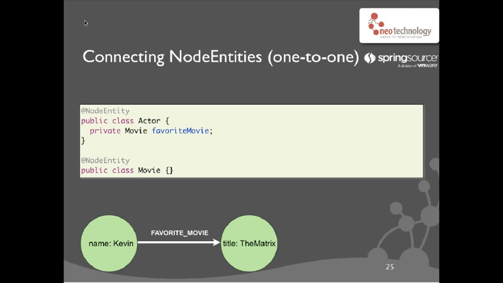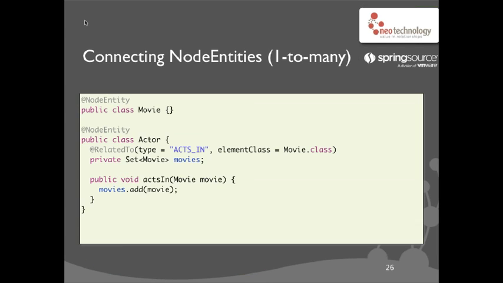And the way Spring Data Graph is going to handle that is it's going to look at the field, it's going to figure out, hey, this is not a simple primitive type that I'm going to store as a property, but it's actually backed by another node. So let's create a relationship. It's going to create a relationship between the Kevin actor and The Matrix movie. Pretty straightforward. That's one-to-one in the graph, from one node to another node.